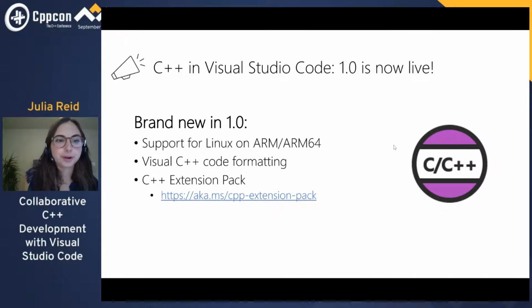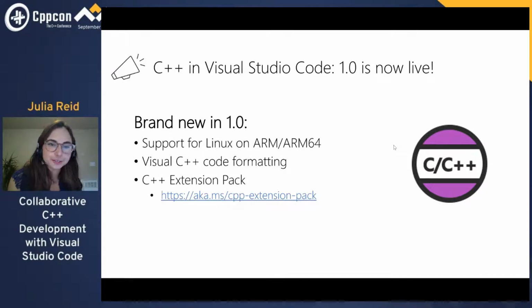Another new feature in 1.0 is Visual C++ code formatting, which basically means all of the C++ code formatting features that are available today in Visual Studio are now supported in VS Code. And what's more is that VS Code has built-in EditorConfig support for all of these new settings. So you can use an EditorConfig file between VS and VS Code. It just allows for more customization with your code formatting.